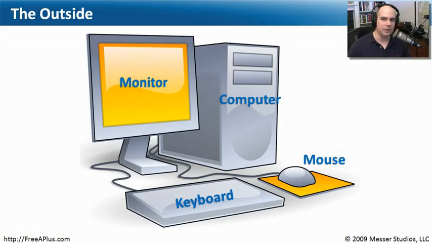And finally, we have the computer itself. Some people will refer to this as your CPU. Technically, of course, the CPU is a chip that is inside of your computer case, but we often refer to that as the CPU that you happen to be connected to. You may also find these days, especially things like the Apple iMacs, for instance, the monitor and the computer are all in one. You just have a monitor and a keyboard and mouse.